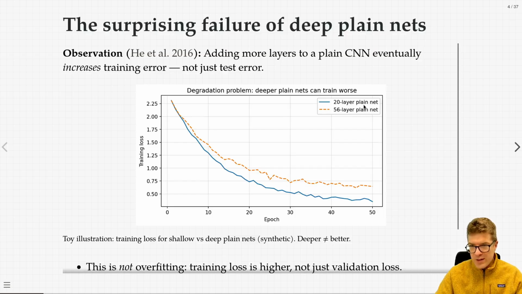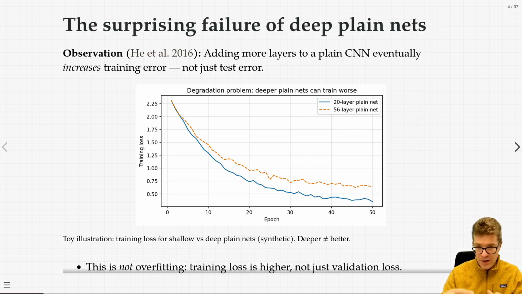You'll have a 20-layer good old-fashioned CNN with just blocks and blocks of convolutions, normalizations and nonlinear activations, one block after the other. You can have 20 of these, relatively shallow but still quite deep, versus 56, more than twice as deep.